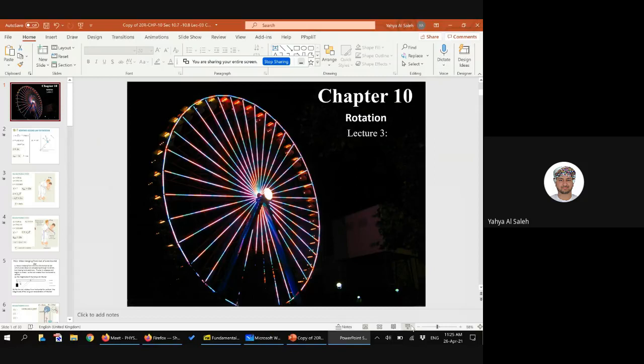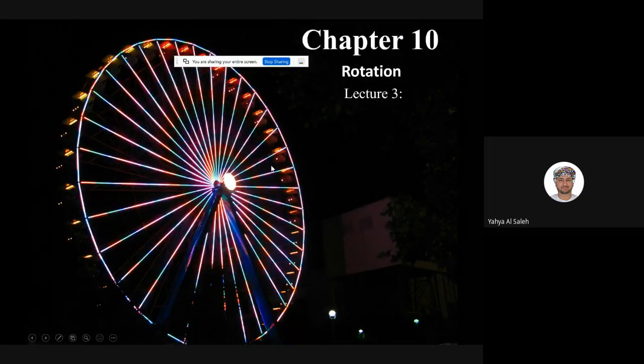Now, as you may have already noticed, torque to rotation is what force is to linear or translational motion. Just like for translational motion, to get an acceleration and start moving from someplace to someplace else, we need a force. In rotational motion, to start an acceleration and start something rotating, we need a torque.